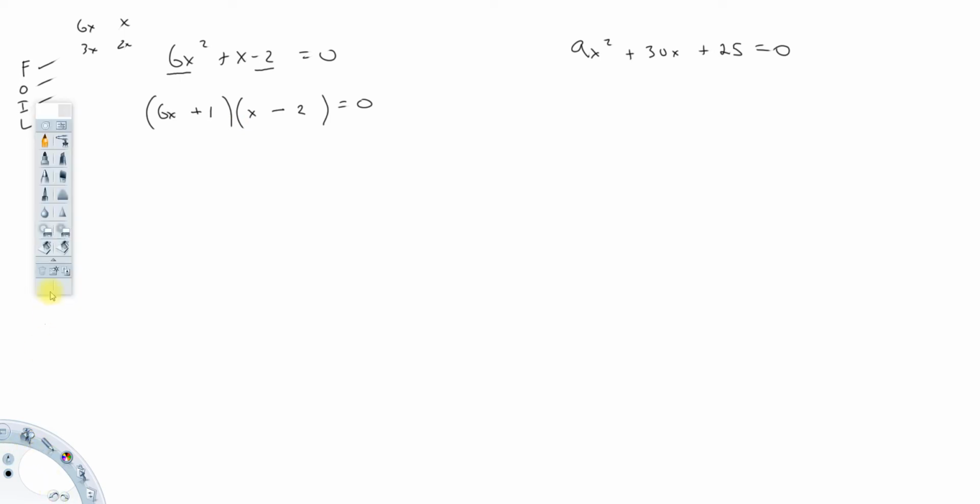So then maybe we put the 2 and the 1 in the wrong spot. And we try this. Minus 12x, x, that doesn't work. And then we try the minus and a plus. And again, 12x minus x, that doesn't work either. So at this point, we've tried all possible combinations with the 6x and the x, so we abandon that.